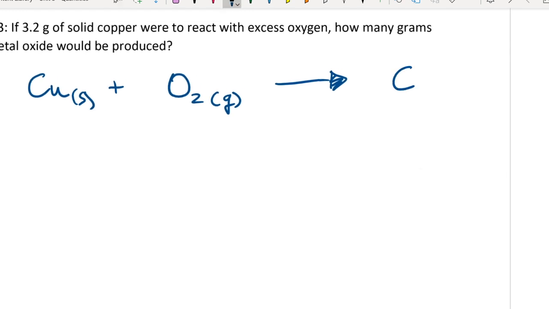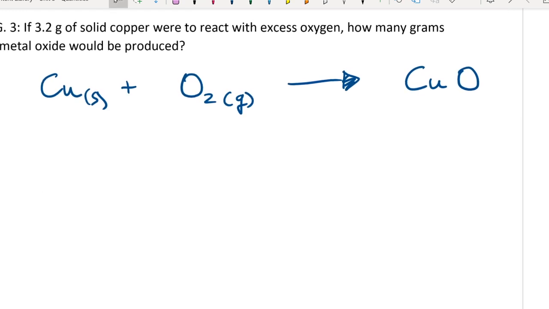Is that copper 1 oxide or copper 2 oxide? Copper 2. Very good. All right, balance this for me. Nice, easy one. Put a 2 in front of copper, and put a 2 in front of the copper oxide. There we go. All right, does that make sense?